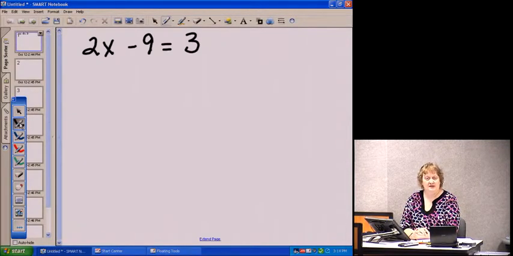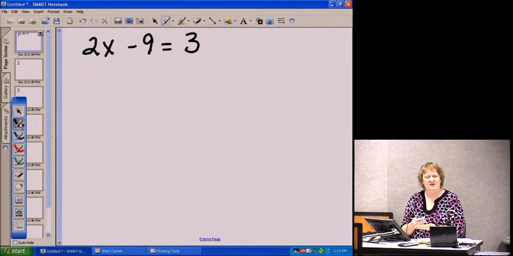Our order of operations tells us how to simplify numbers, but we're not trying to simplify, we're trying to go backwards from what we did do to get the x by itself. So the first order of business is to add or subtract, which is the last order of operations. In this case, we have 2 times a number, minus 9, gave us 3.